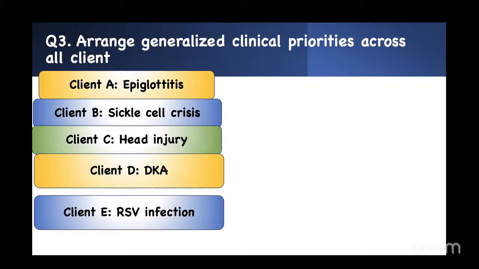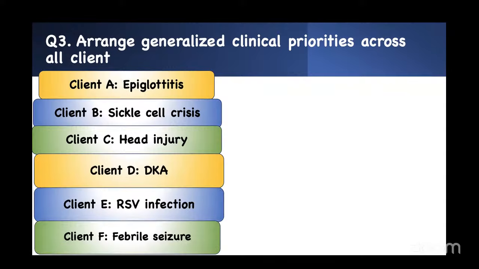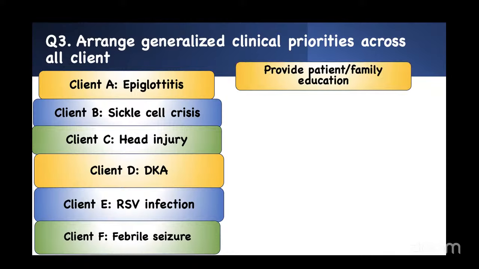Number one priority is what? Provide patient and family education. Of all these six patients, who do you think needs family education? Not the initial intervention, but overall clinical priorities. Who do we have to provide patient and family education? Is it the epiglottitis patient?